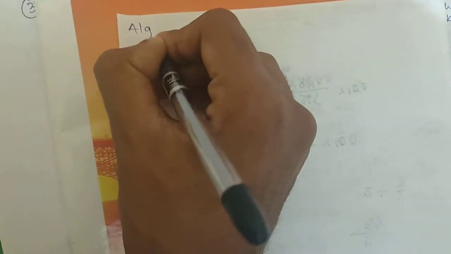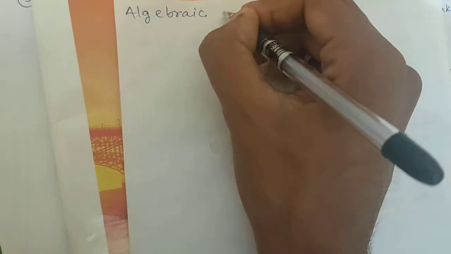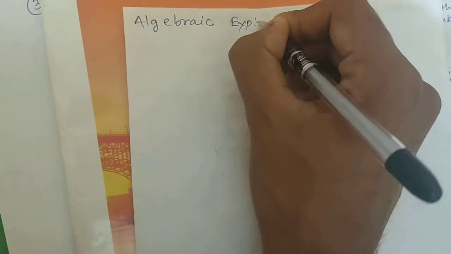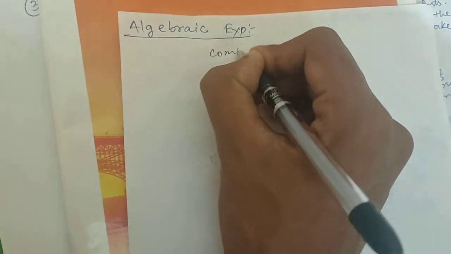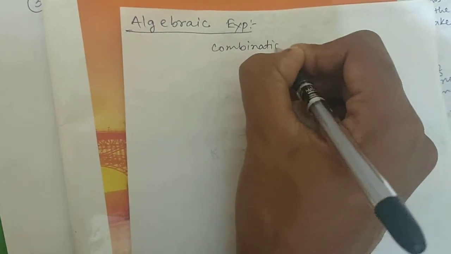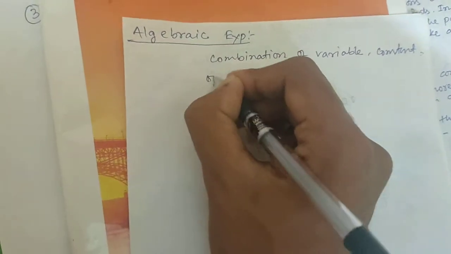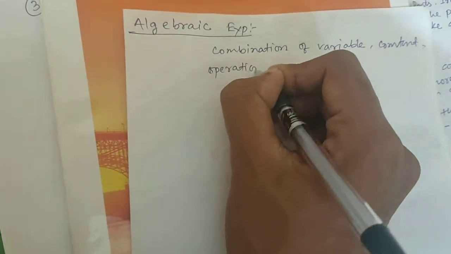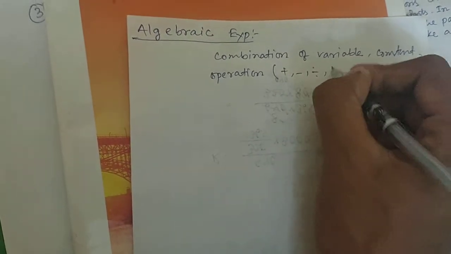Now, algebraic expression. What is the meaning of algebraic expression? Algebraic expression means the combination of variable, constant and operations, meaning plus, minus, divide, multiply.